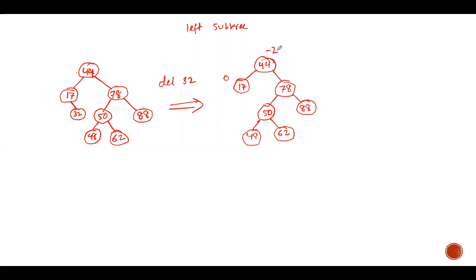That means which side is heavier? Right side. So I'm going to check the balance factor for its immediate right child, the node 78. What is the balance factor for 78?